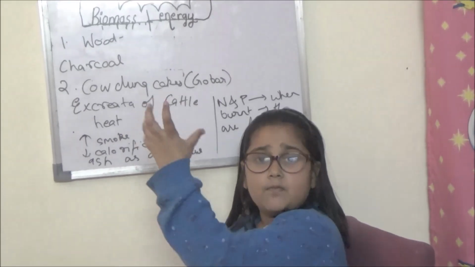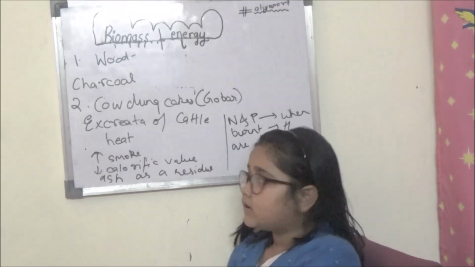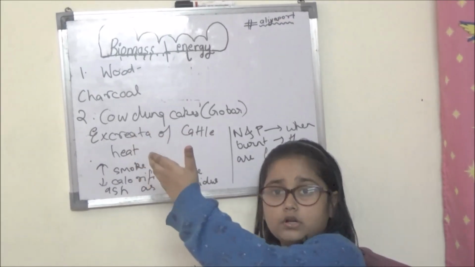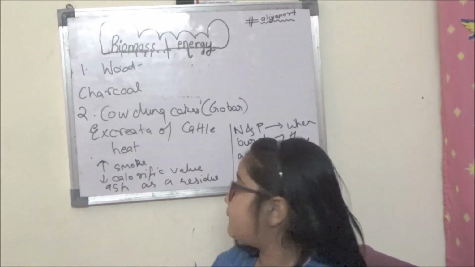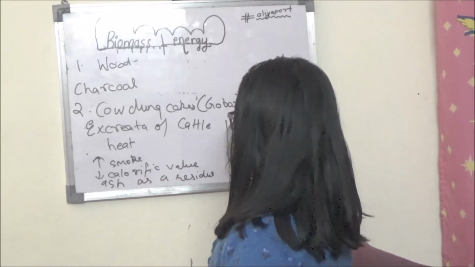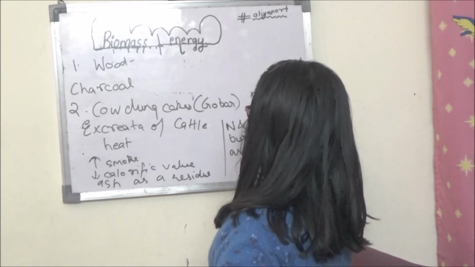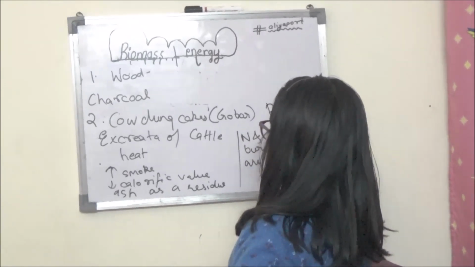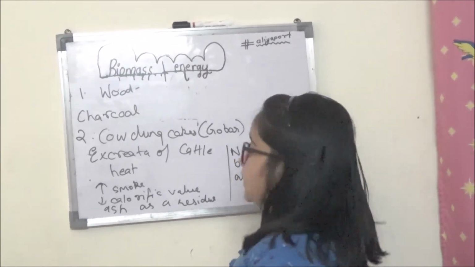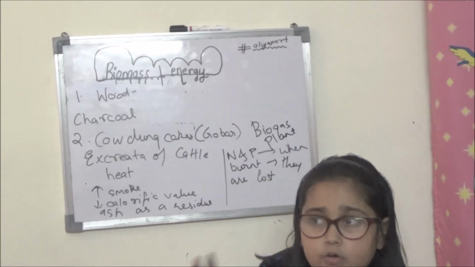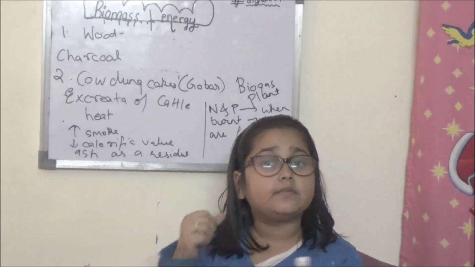So to overcome all these limitations, rather than burning the cow dung cakes, we can make a biogas plant. What can we make? A biogas plant. In the biogas plant, we will use cow dung cakes as the starting material.